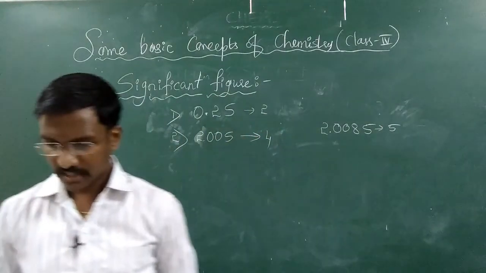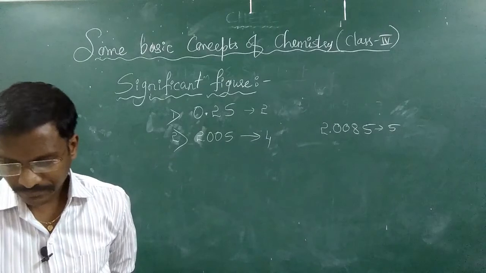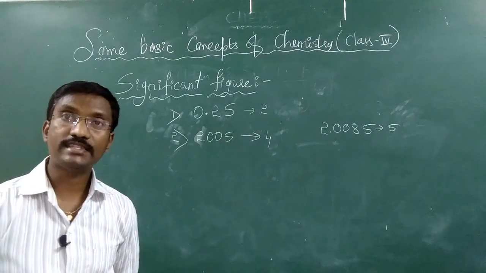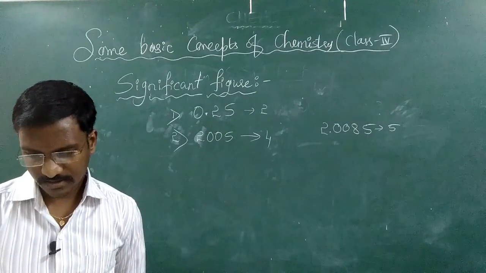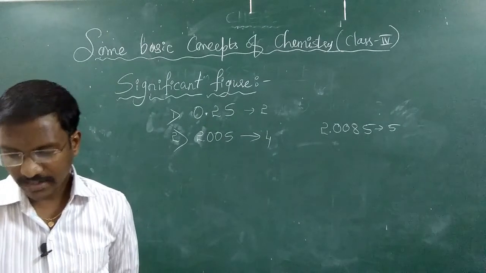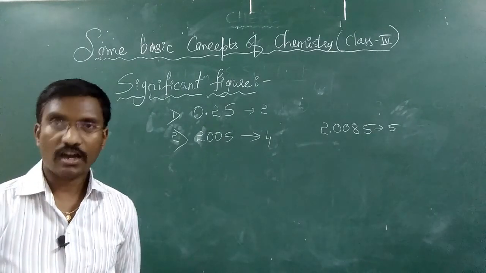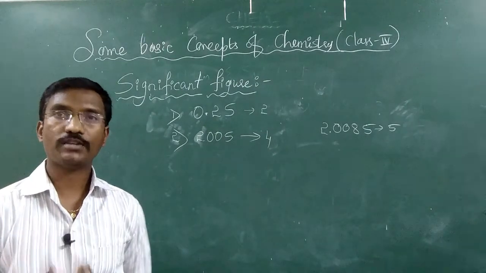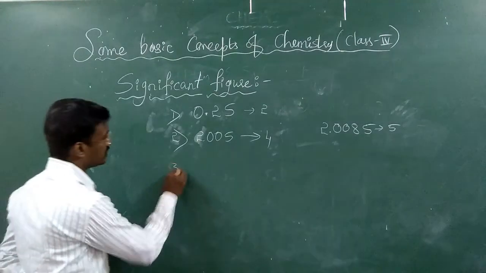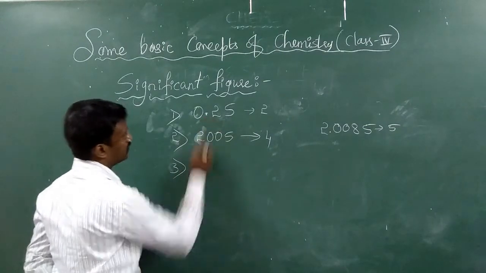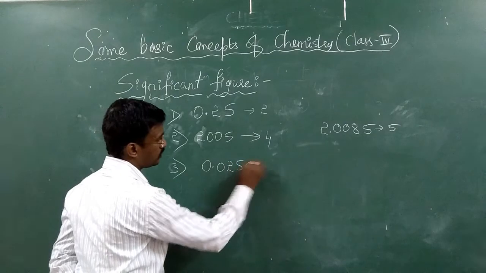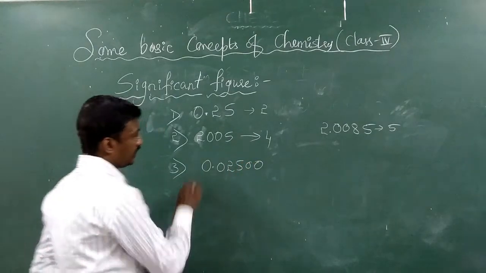This is the second rule, and the next one is about zeros on the right side. Zeros on the right side are not considered unless they are after the decimal point. Before the decimal point, trailing zeros are not considered. Look at 0.02500.